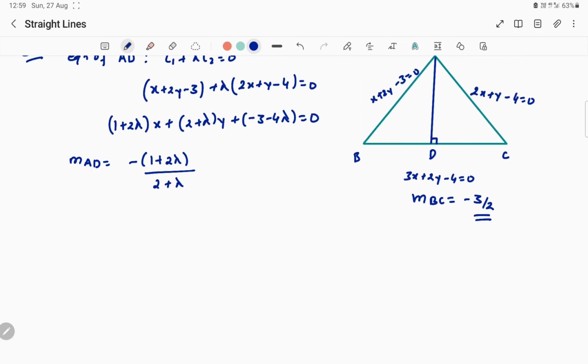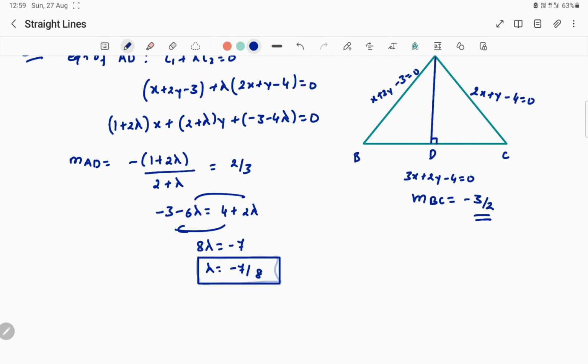So if the slope of BC is minus 3 by 2, we can say that the slope of AD is going to be 2 by 3, because m1 m2 is equal to minus 1. Is it okay? So when you do the cross multiplication, you got minus 3 minus 6 lambda is equal to 4 plus 2 lambda. So this guy this side, this guy this side. So we got 8 lambda is equal to minus 7. So we got lambda is equal to minus 7 by 8.